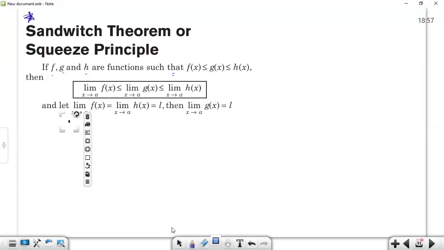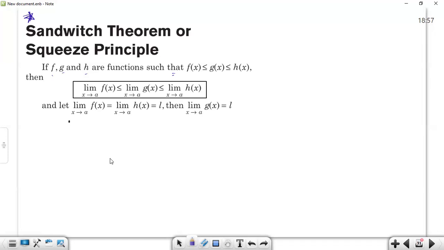And if the limits of f of x and h of x are equal, then this limit is going to be equal as well, which is L. So this is just basic understanding. You will just have to read it and you will be able to understand this.